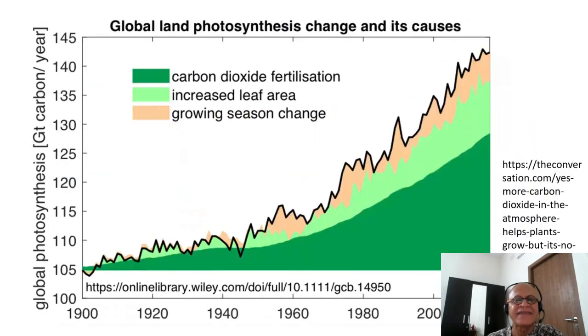Can we enhance it? We also have to remember that global photosynthesis in terms of gigaton carbon per year does contribute to taking up the increasing anthropogenic CO2. So there is a carbon dioxide fertilization effect that we talked about. There is increased leaf area index that I just mentioned. And the warming is also giving us growing season change.